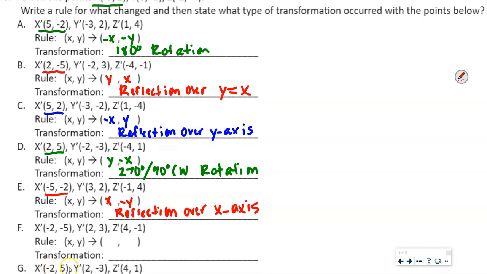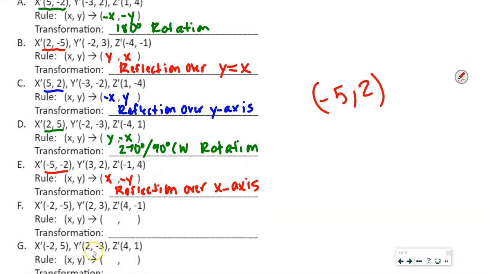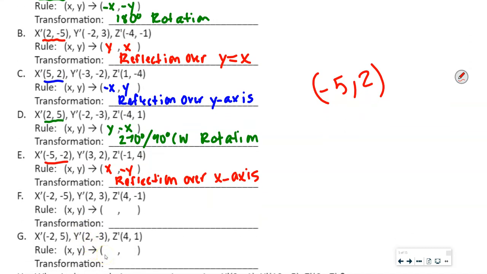Okay, let's scroll this up a little bit. I'm going to write my point out here, -5, comma, 2, because as I scroll down, we're going to start to lose it. So then again, we're looking at this point and comparing it with -5, -2. We notice immediately they flipped, right? So it's y, comma, x. And what happened to signs? The negative 5 stayed negative, right?